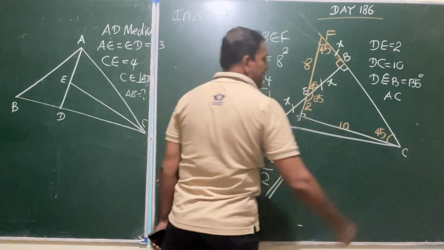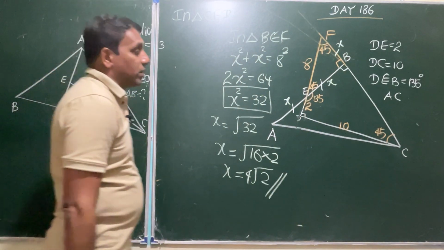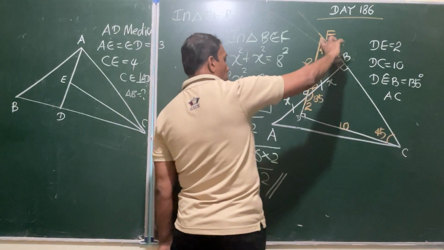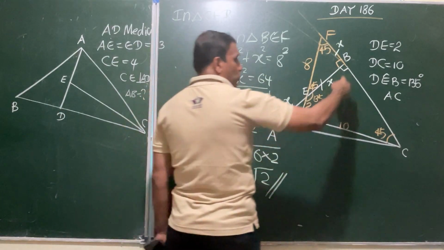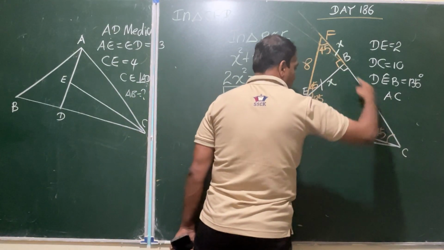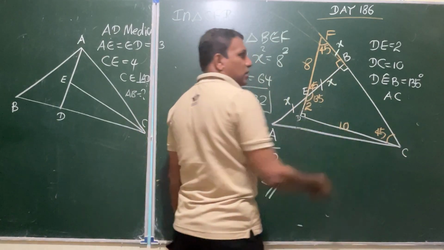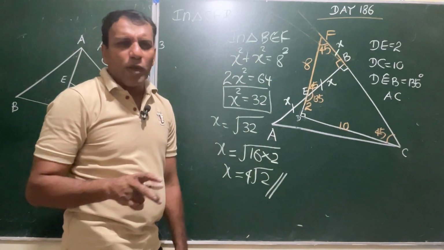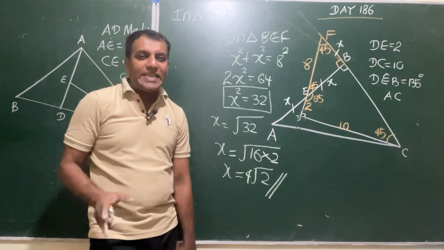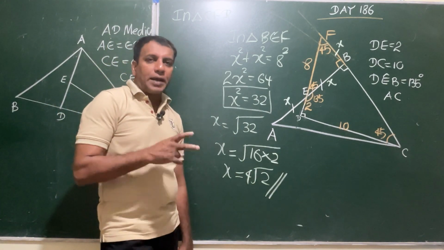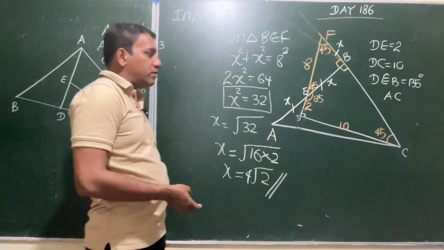So can you find the CF answer? You know BF, then you can find the BC value, I think. So after finding the BC, another right angle. So nice problem involving the Pythagoras relation, completely using the Pythagoras theorem.